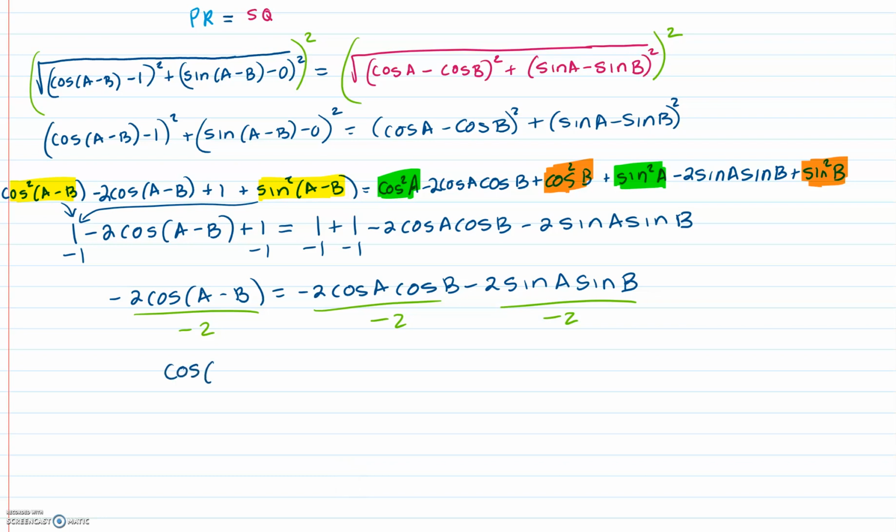We're going to have cosine of A minus B on the left. On the right, we're going to have cosine of A, cosine of B, minus, plus, 2 negatives make a plus, sine A sine B. Let me make that plus a little bit nicer. And that is the formula.